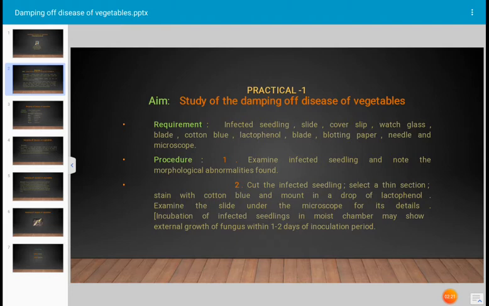Take the infected material in the laboratory, rinse it with distilled water, then rinse with 0.01% HgCl2 solution, again rinse 2 to 3 times with sterile distilled water, and then take it into the laminar airflow. Prepare a medium, mostly PDA, potato dextrose agar medium, and make the plates ready.